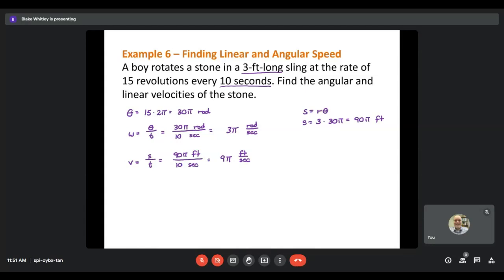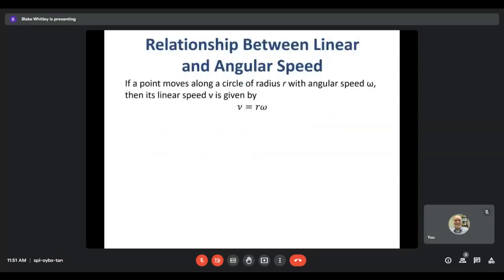So our linear speed this time, 9 pi feet per second. All right, and then finally we have a relationship between our linear and angular speed. So if you know one, you can actually find the other. And the way we can do that is by just taking linear speed is equal to the radius times the angular speed.